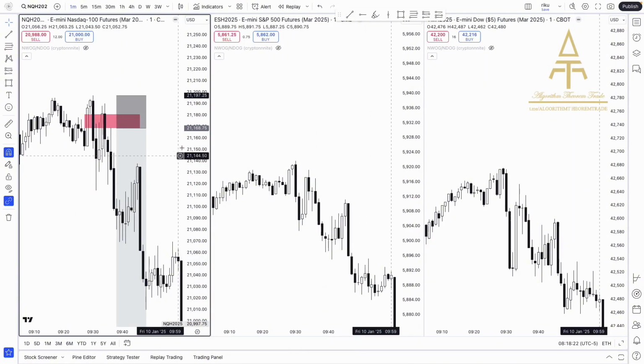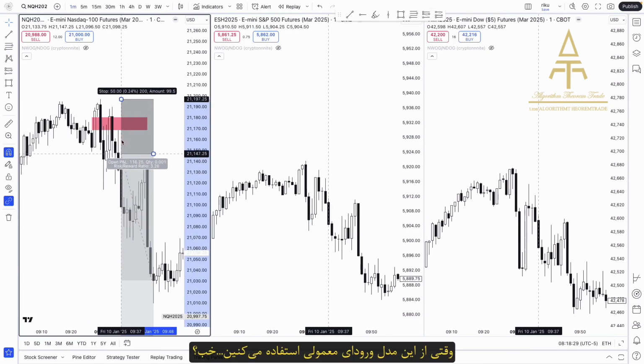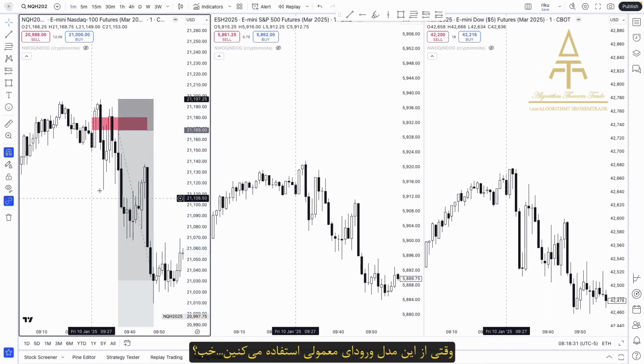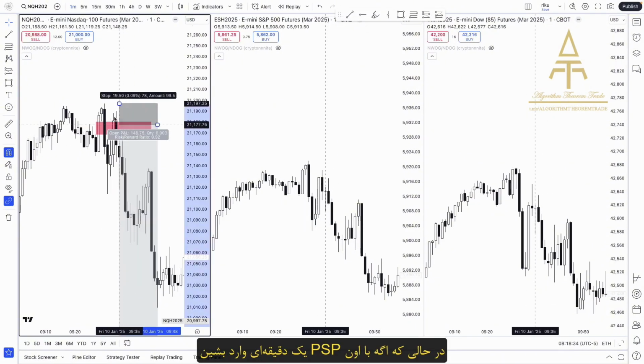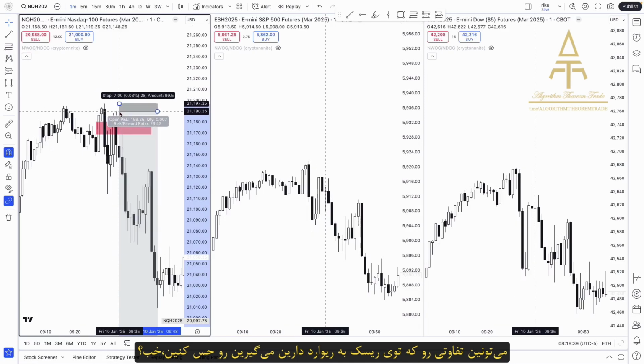Okay, and you can see how much less RR we are gaining from entering on these kind of normal entry models. Okay, whereas if you use the 1 minute precision swing point, you can see the difference in RR that we're getting.